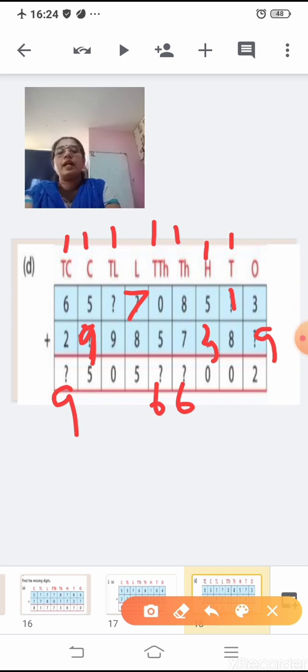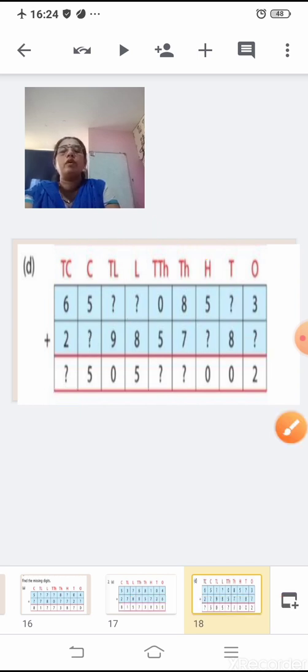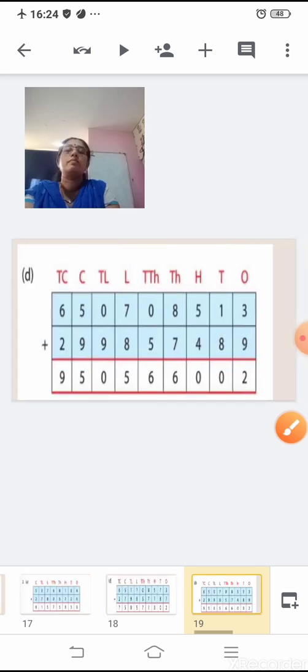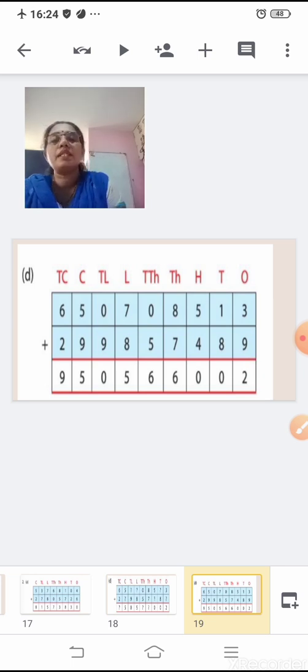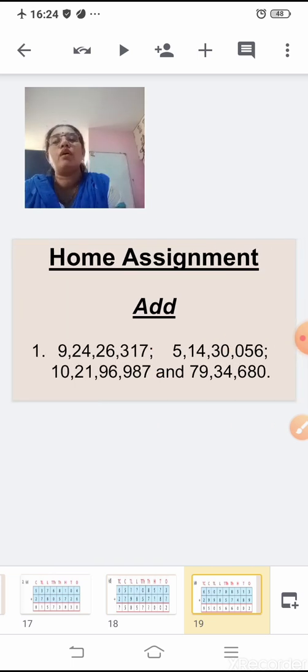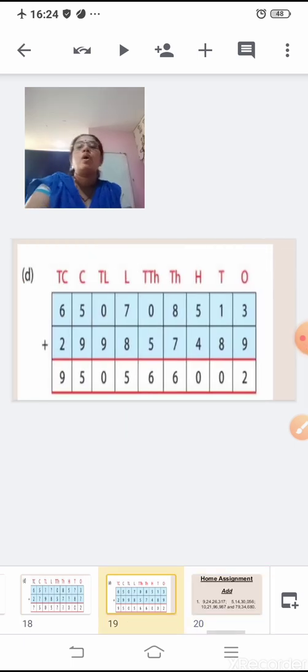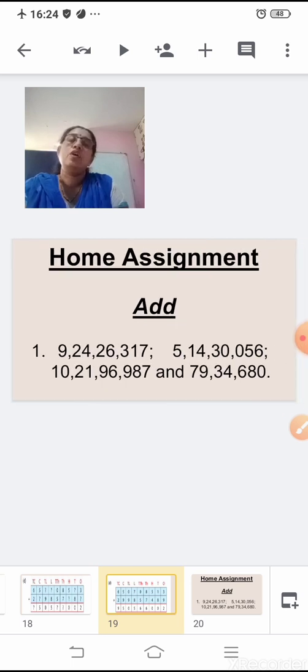Okay. Just solve it again on your own and check your answer from the next slide. Okay, so I hope you all must have understood the topic, that is addition of 8 and 9 digit numbers and how to find missing digits in an addition sum. Only one sum I have given you here.